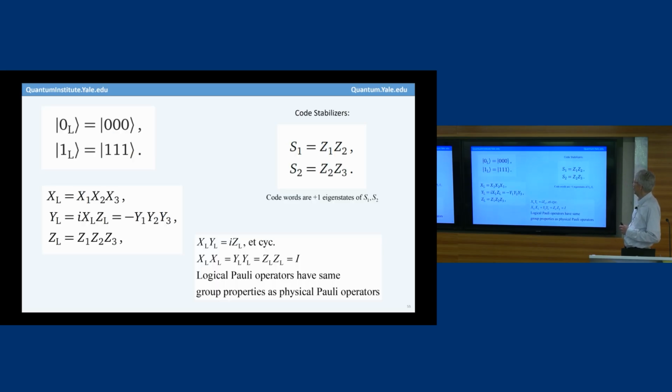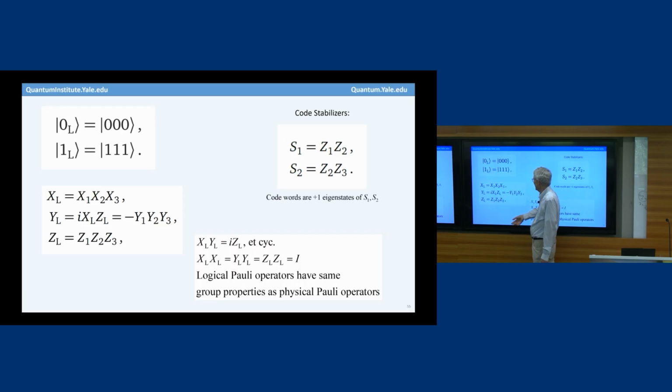Okay, so now, just to be fancy, here's 0 logical, here's 1 logical, here's the logical X operator. You just flip all the bits and go from 0, 0, 0 to 1, 1, 1. That takes you from 0 logical to 1 logical or back, just like the X Pauli operator.